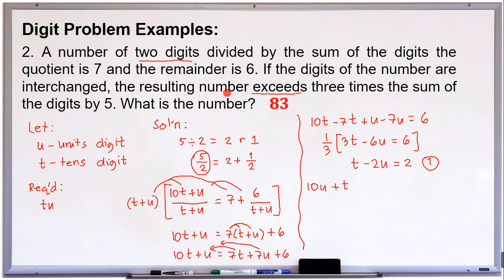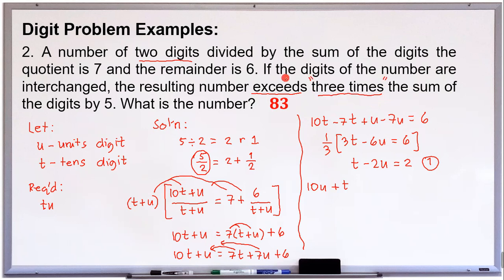Next, the resulting number exceeds 3 times the sum of the digits by 5. So meaning, after we reverse the number, we found out that this reversed number is already bigger in value compared to the original number by a magnitude of 3 times.